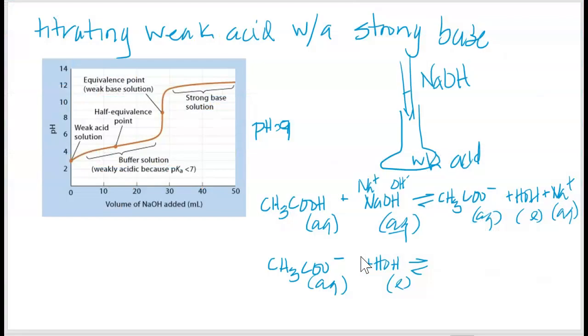Okay, so does the acetate ion react with water? It does react with water. This acetate ion abstracts the hydrogen from water to form acetic acid and the hydroxide ion. Remember that the hydroxide ion is the strongest base we know, and that's the reason that at the equivalence point, the solution is in the basic range because of the hydroxide ion.